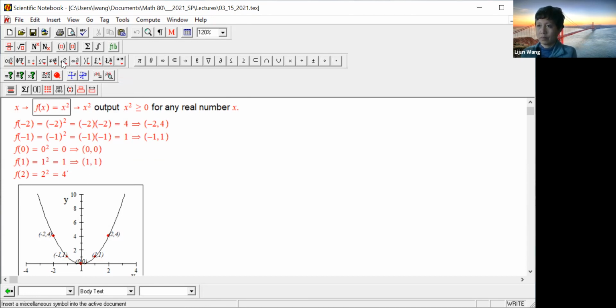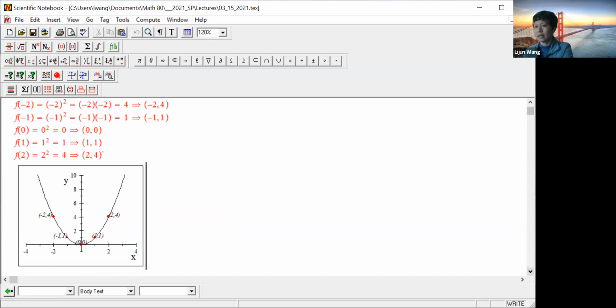So we made all of these points. You can see those points in the picture: -2, 4; -1, 1; 0, 0; 1, 1; 2, 4. Okay, we did that, right? Back, I think, at alpha 4.